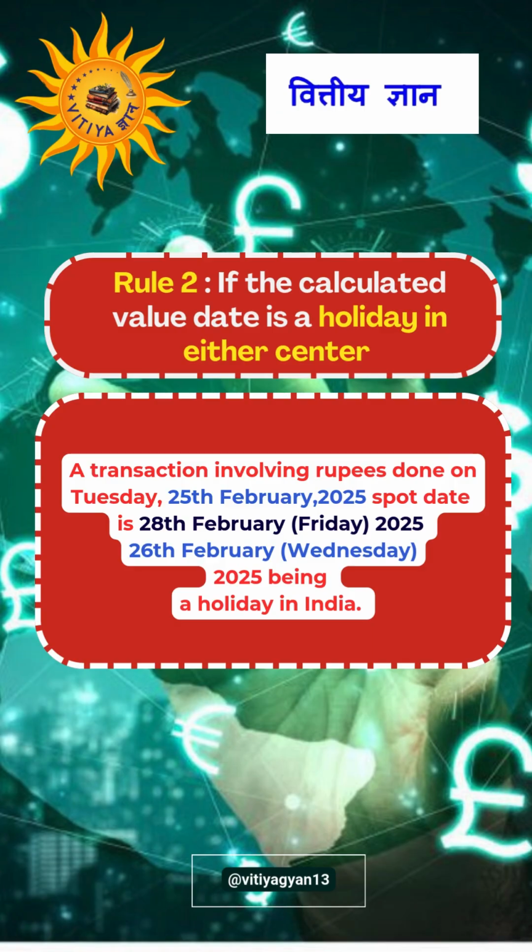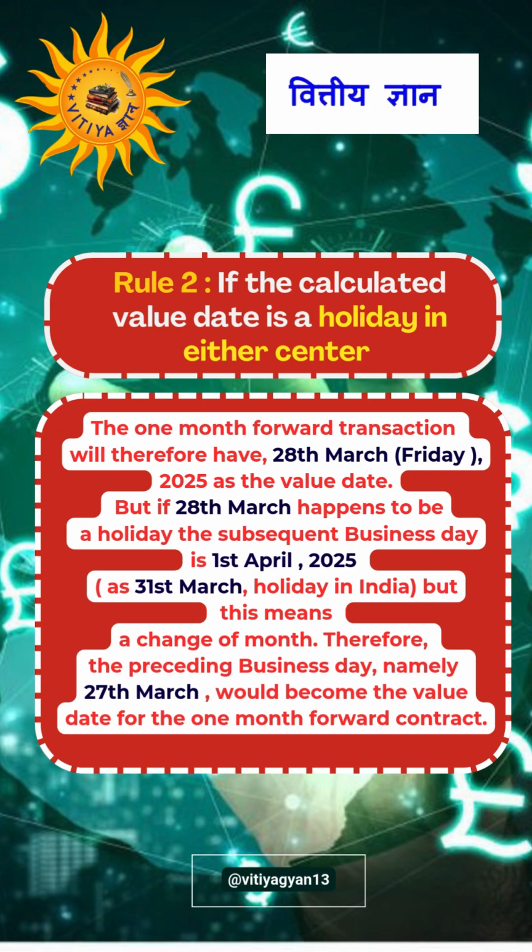For example, a transaction involving rupees done on Tuesday, 25th February 2025. Spot date is 28th February, Friday 2025. 26th February, Wednesday 2025 being a holiday in India. The 1 month forward transaction will therefore have 28th March, Friday 2025 as the value date.